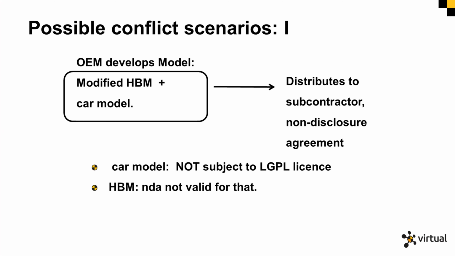And now that thing is distributed to a subcontractor with a non-disclosure agreement on the car model. Now this works provided that it is made clear that the non-disclosure agreement only applies to the car model, but not to the HBM. So that would be fine with the LGPL license, because the LGPL license only applies to the modified version of the HBM, but does not affect the car model.